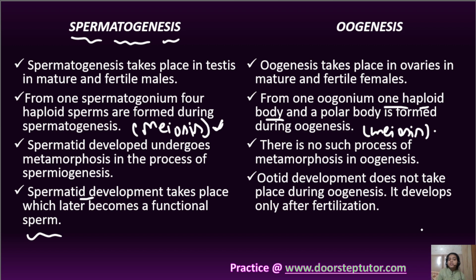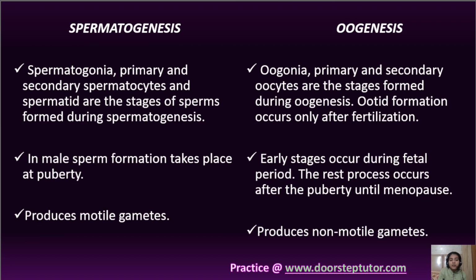So that is the difference between spermatid development and ootid development. In spermatid development, the development takes place later in life, while in case of ootid development, it develops only after the fertilization.